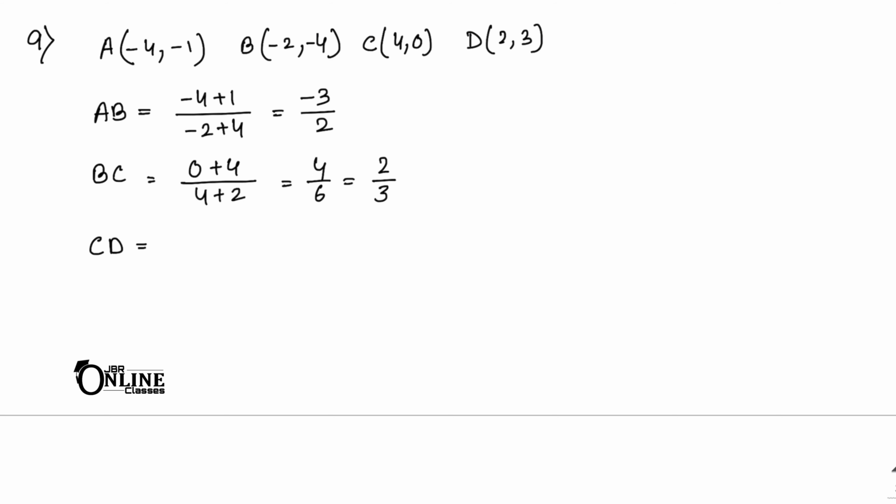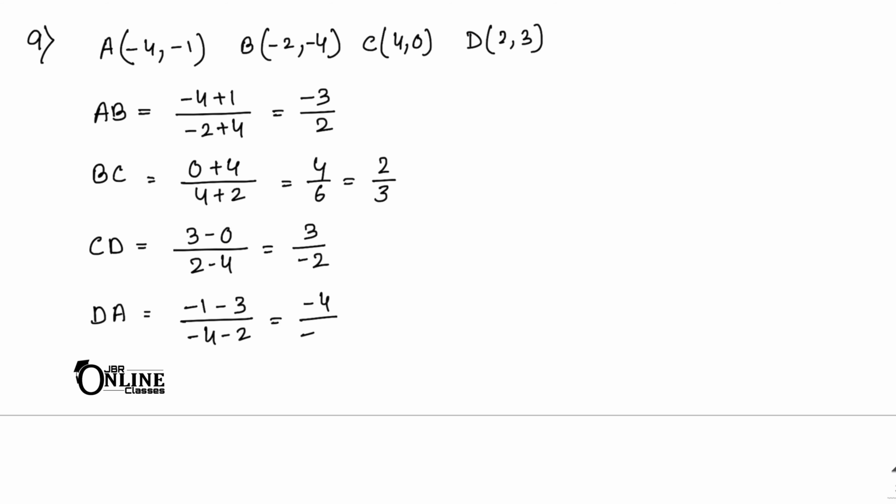Next, slope of CD: (3 - 0) by (2 - 4), that equals 3 by -2. Now next, DA: DA equals (-1 - 3) by (-4 - 2). So it's -4 by -6, it cancels out, so that equals 2 by 3.